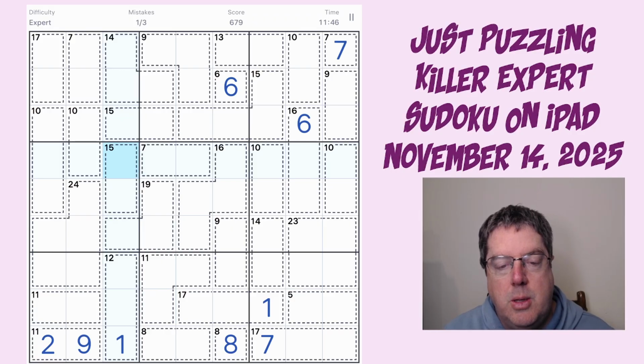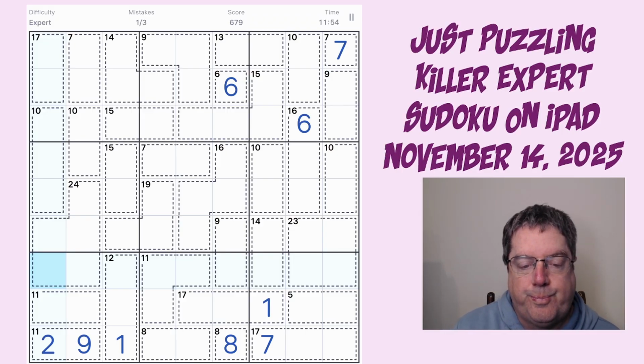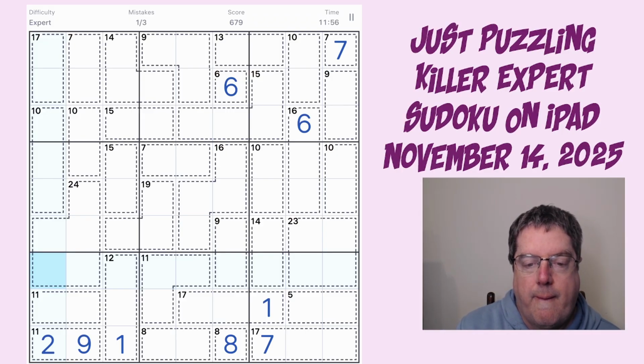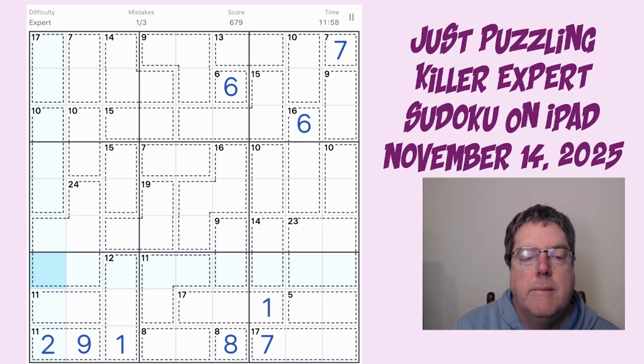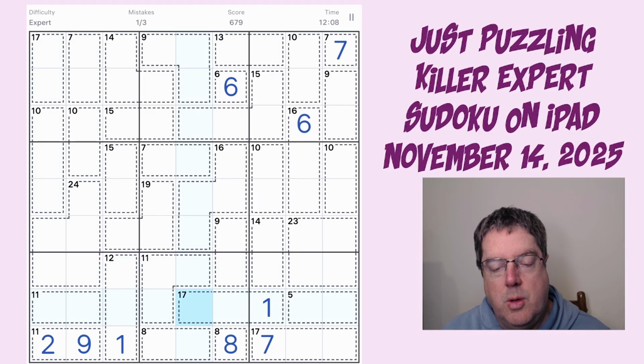So this is going to be 9 and 7 here. So 7's got to be up there somewhere. Six, 7, 9 and 7, 2 and 3. So this is definitely 5 and 6 because 9 and 7, 2 and 3.